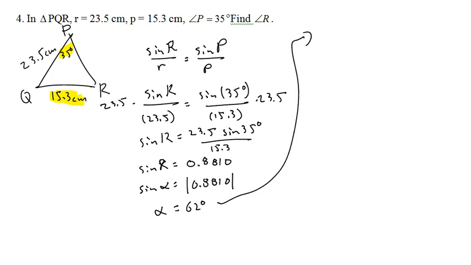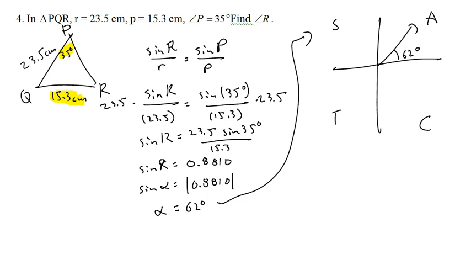Okay, and same as before, all students take calculus. There's a reference angle of 62, and there's a reference angle of 62, which means that angle R is going to equal 62 degrees, or angle R is going to equal 180 minus 62 degrees, which is 118 degrees.